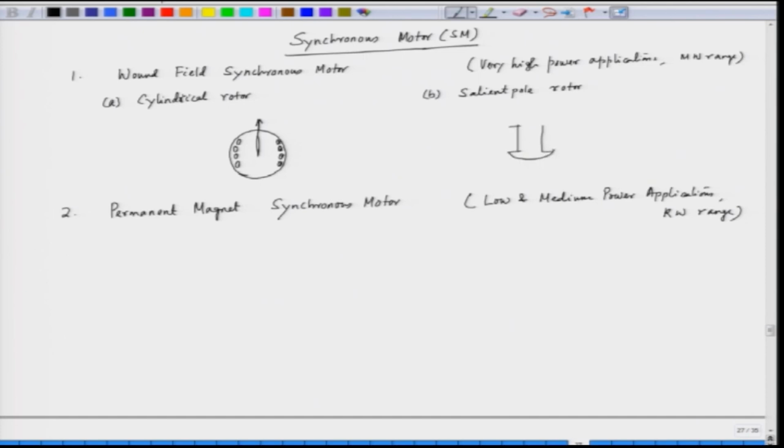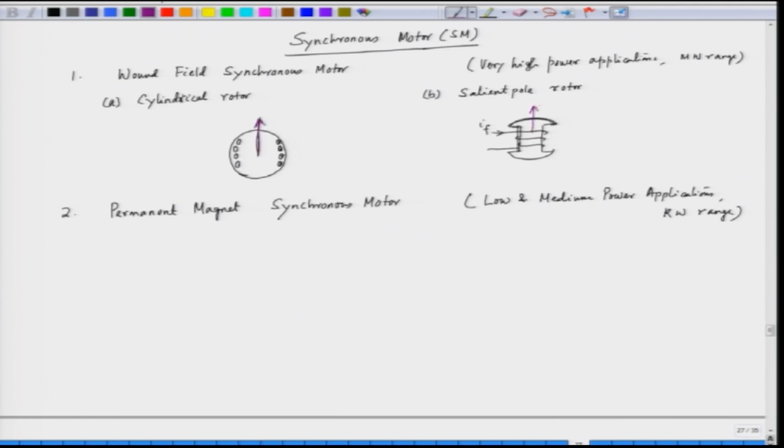So, we have the rotor which is a salient pole structure, the poles are protruding out and the windings are placed like this. This is carrying a DC current. So, we have IF here, and the flux is produced like this.